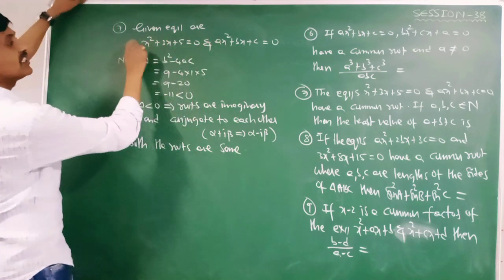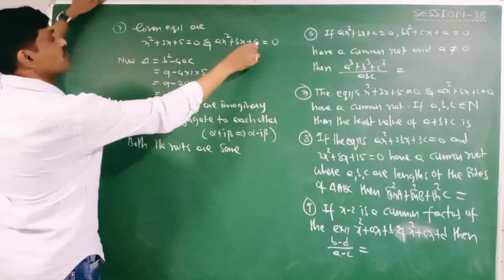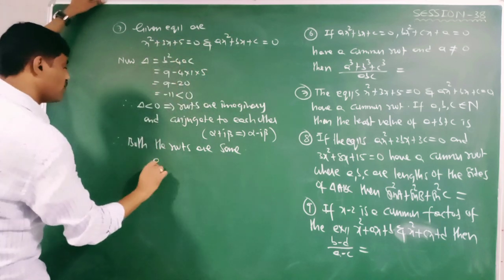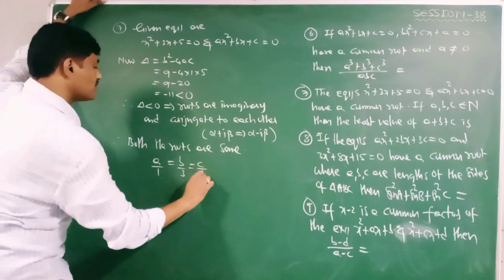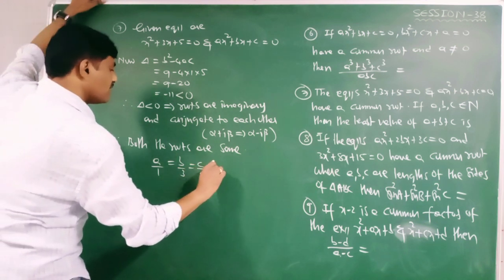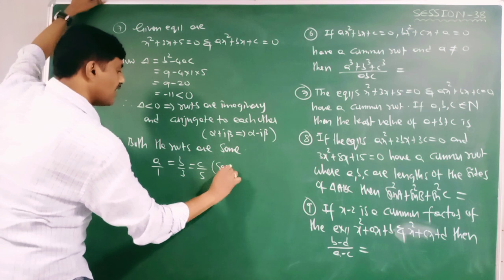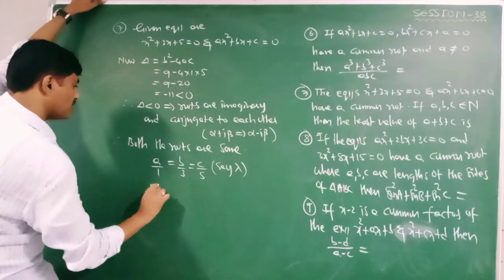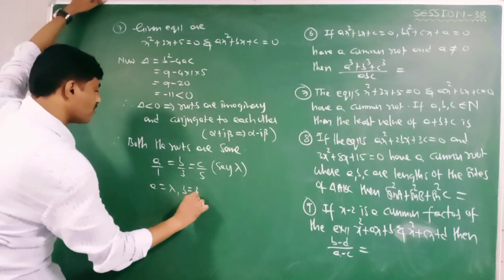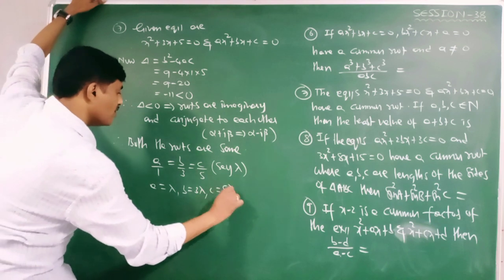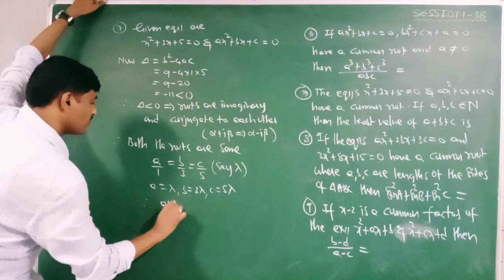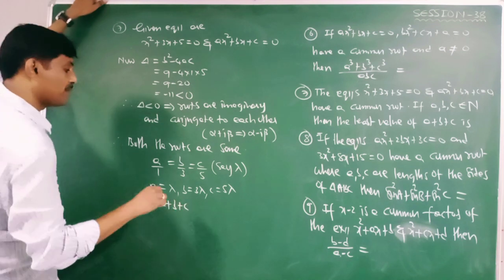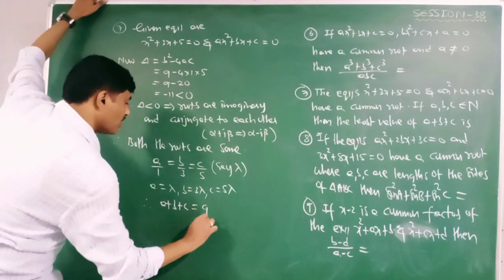Whenever these two quadratic equations have the same roots, compare their coefficients: a1 by a2 is equal to b1 by b2 is equal to c1 by c2. Therefore a by 1 is equal to b by 3 is equal to c by 5. Consider this as lambda. Therefore a is equal to lambda, b is equal to 3 lambda, c is equal to 5 lambda. But he is asking the least value of a plus b plus c, and here we got 9 lambda.